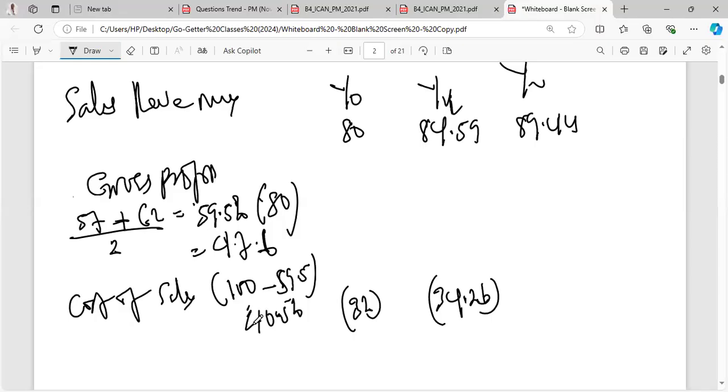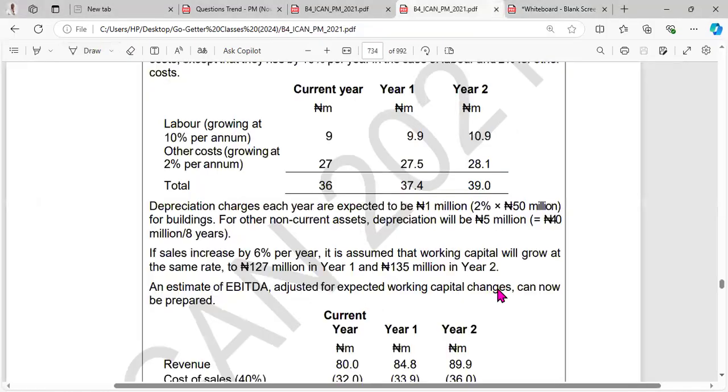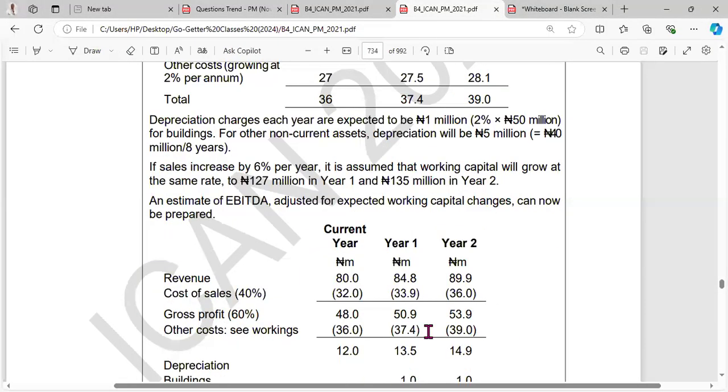And here we have 0.405 multiplied by 89.44. That will give me 36.22. So that's what is here. So when you less them, you have your gross profit.